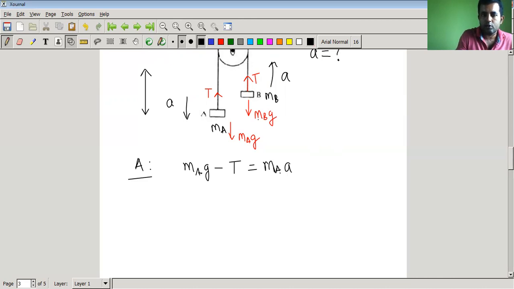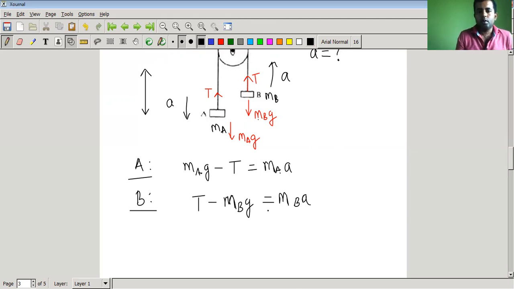This will be the equation of motion for A, right? Same way, if we write it for B, B is going upward. So T minus MBg equals MBa.